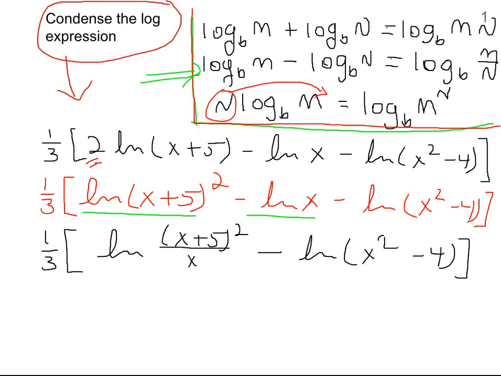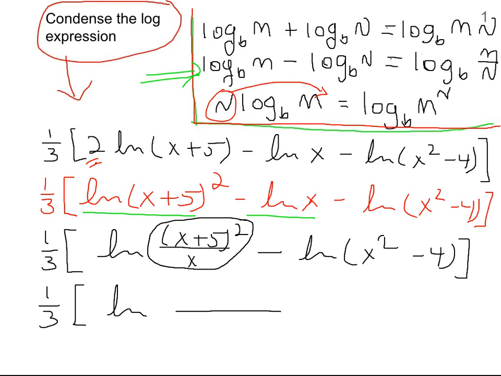Alright, so we've got it condensed some and we're ready to keep going. To keep going, I stay inside the brackets, and I can see that I still have logarithm minus logarithm. So I'm still going to use that second property. Logarithm minus logarithm says make a log of a fraction. So natural log of a fraction. The top of that fraction, the numerator of this new fraction, is the argument of the first log of the 2 that I'm condensing.